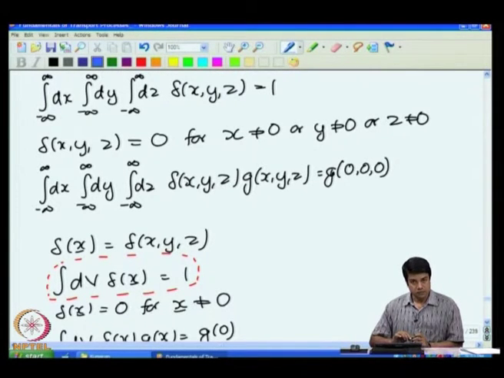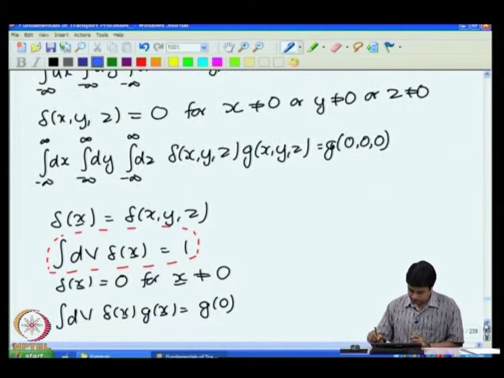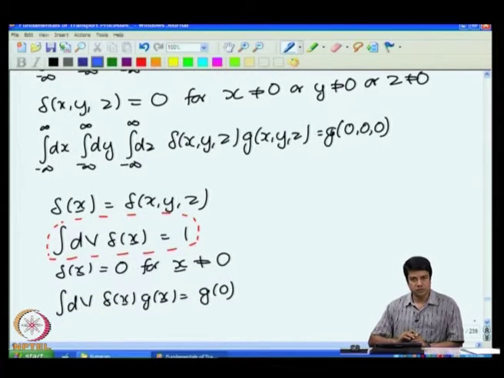The integral over all space of the delta function is equal to 1, and the integral over all space of delta of x y z times any function g of x y z basically picks out the value of g at the origin, okay, as shown at the bottom there.